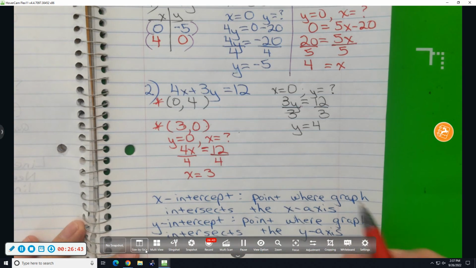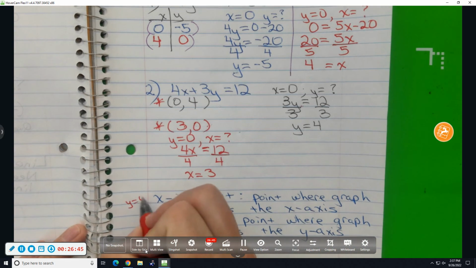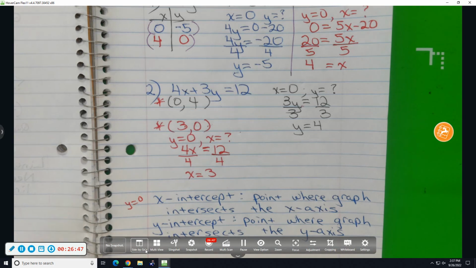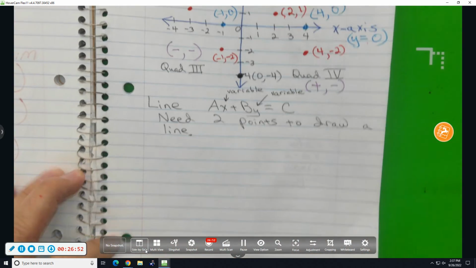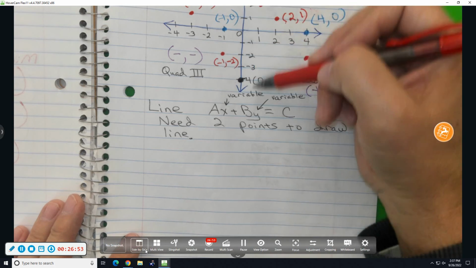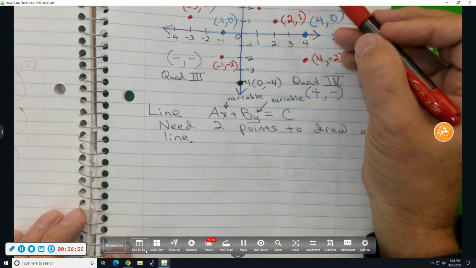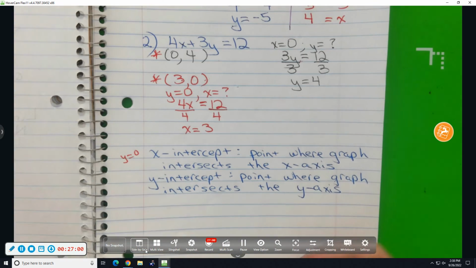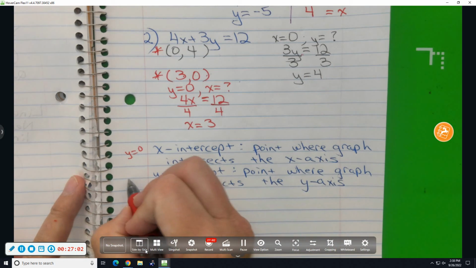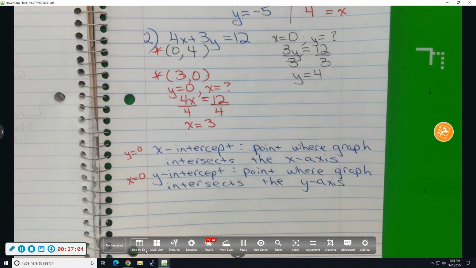For the x-intercept, the y value was 0. And for the y-intercept, the points on the y-axis, we said they all have the same x value of 0. So for the y-intercept, we set x equal to 0. Any questions there?